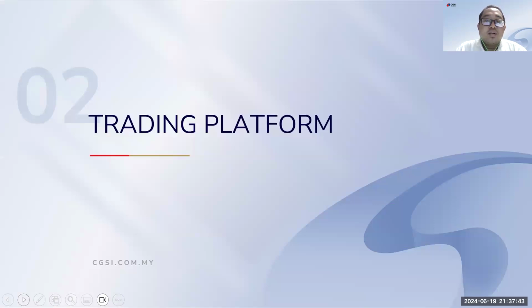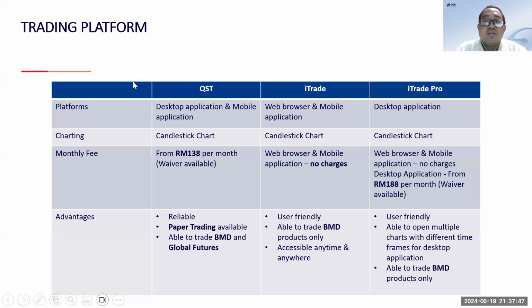For the trading platform, in CGSI, we offer 3 trading platforms to the client. The free one is iTrade. For iTrade, we have no charges. The client is able to trade BMD only currently, and it is accessible anytime, anywhere.